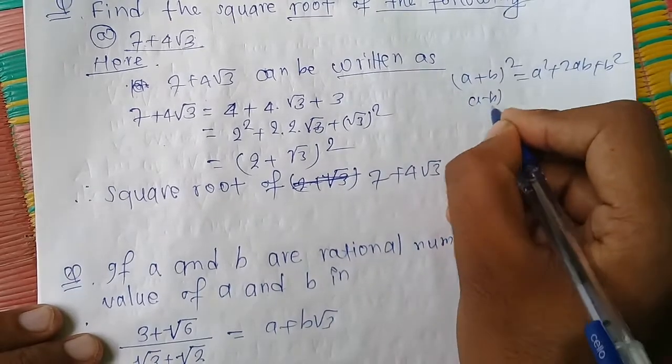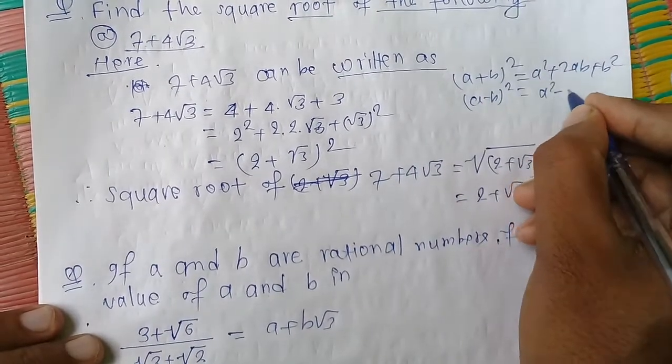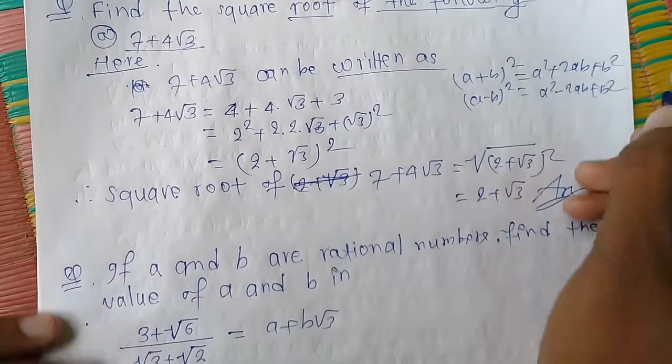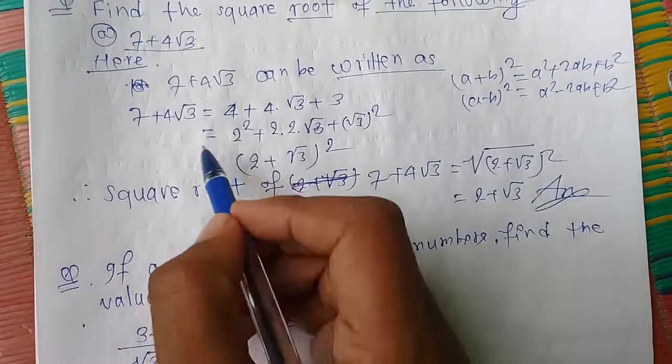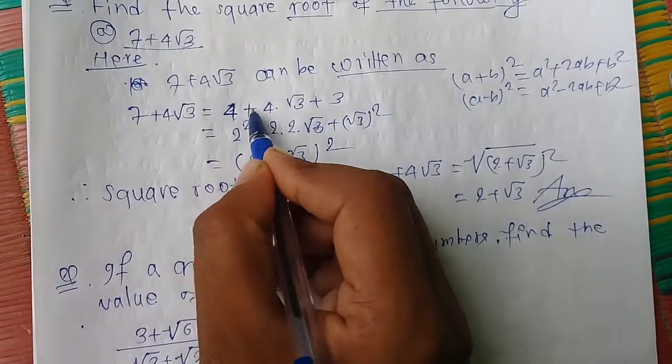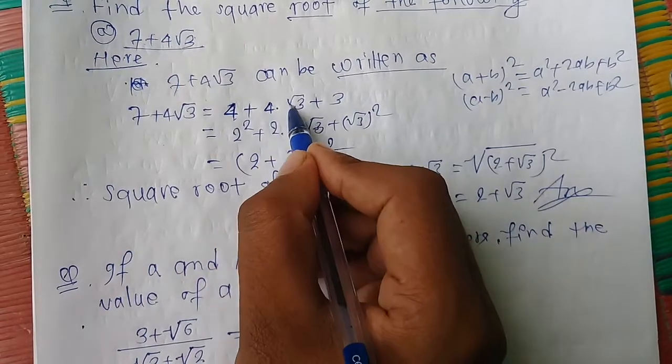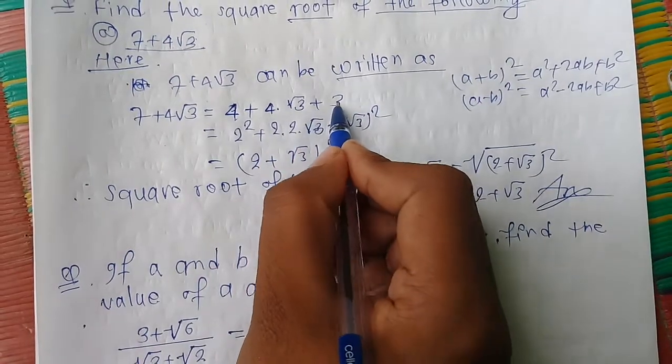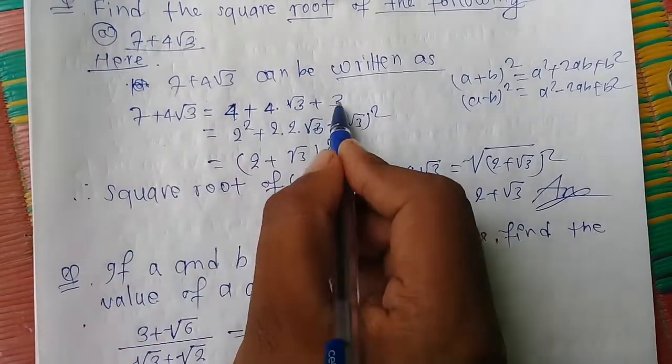So it should be arranged such that it takes this formula. We can arrange this as 4 plus 4 root 3 plus 3, so that 3 and 4 again will be 7.